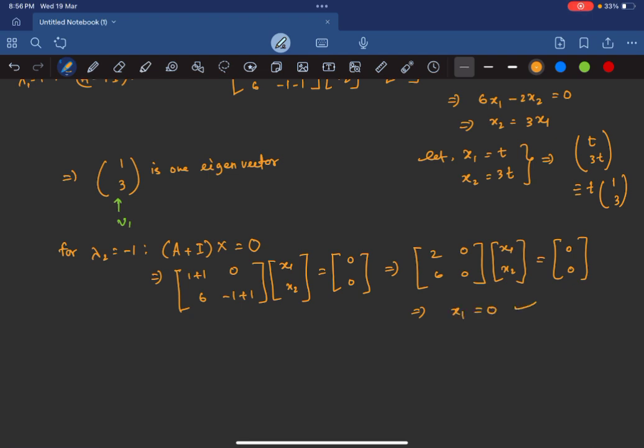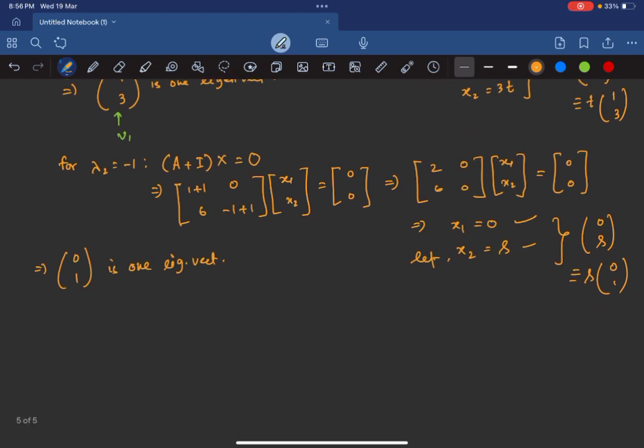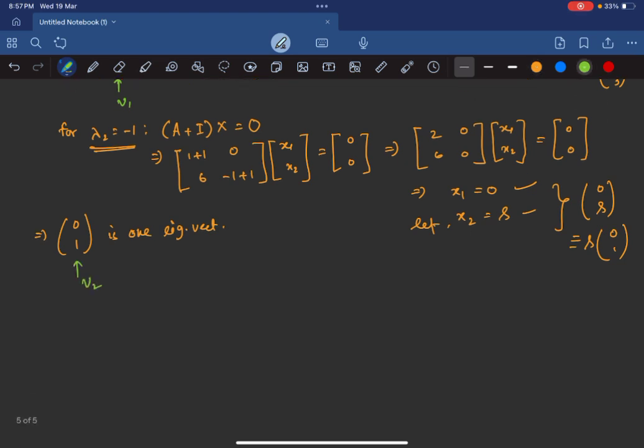Now if you solve this one, you will get x1 equals 0, that's for sure. So x2 we can take, suppose this is s, so immediately you have the vector as (0, s). Equivalently you can write s times (0, 1). That means it is clearly visible that (0, 1), if you put s equals 1, is one eigenvector corresponding to lambda equals minus 1.